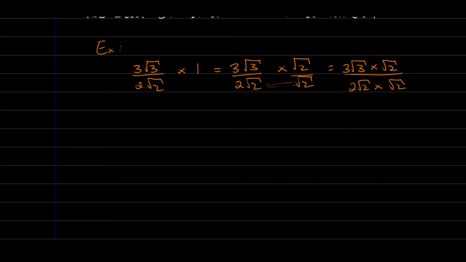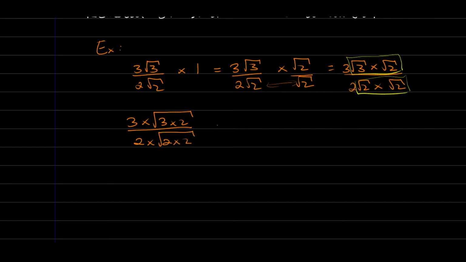Now I'm going to use the product rule that we talked about earlier, the multiplication, and combine these together. I will end up with 3 times the root of 3 times 2, divided by 2 times the root of 2 times 2.